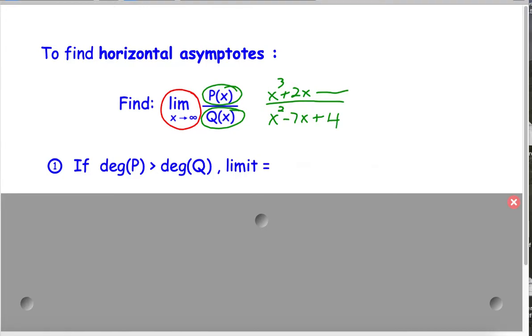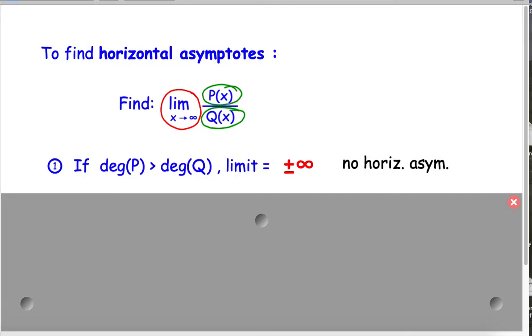Okay, that's an example where the degree in the numerator is greater than the degree in the denominator. Okay, when that happens, it turns out that this limit is going to equal positive or negative infinity, and so there's no horizontal asymptote.